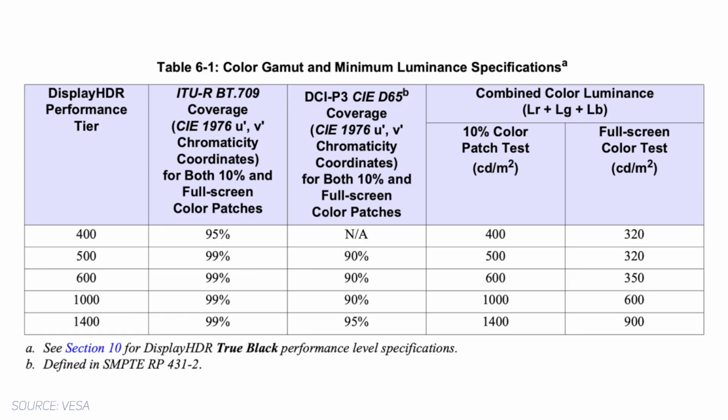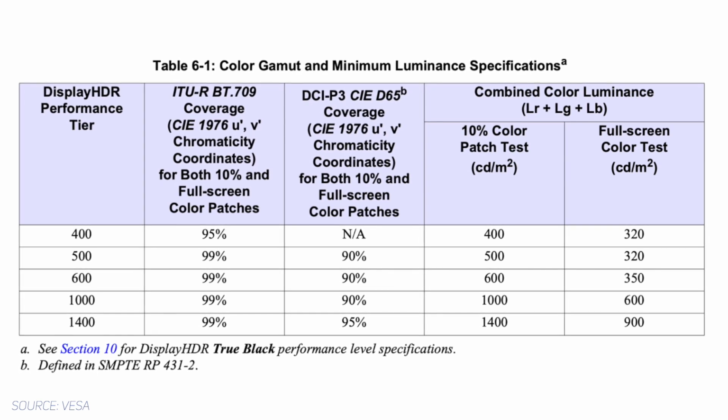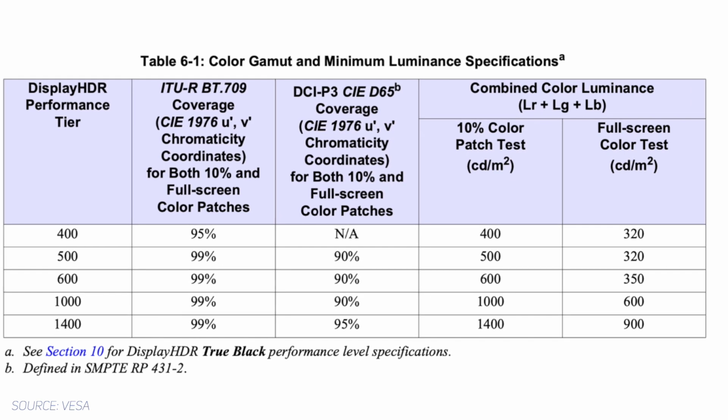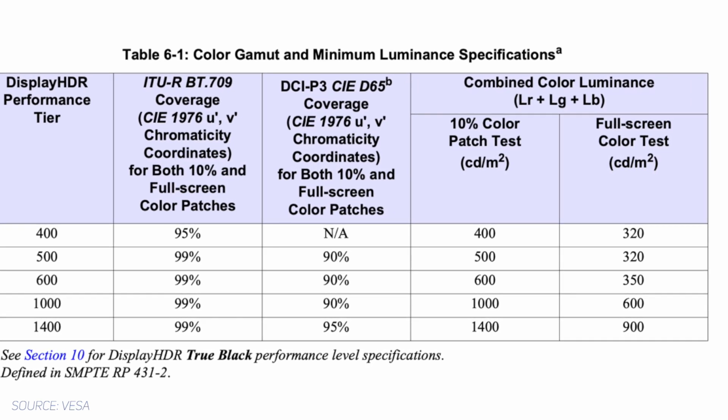And then we have the color test where we test the percentage of the sRGB color space, because still 90% of the content you're going to look at on a PC is within the sRGB color space. So we wanted to ensure that you have very, very good coverage of the sRGB color space.